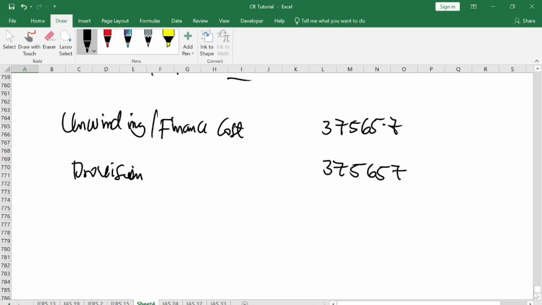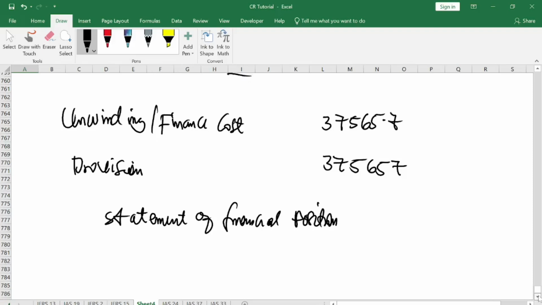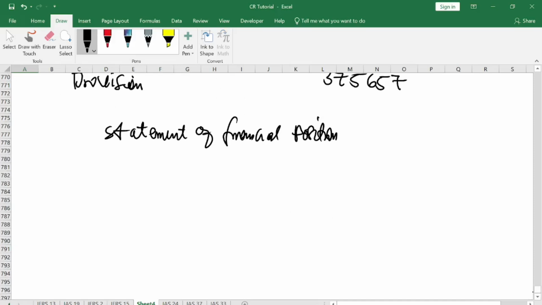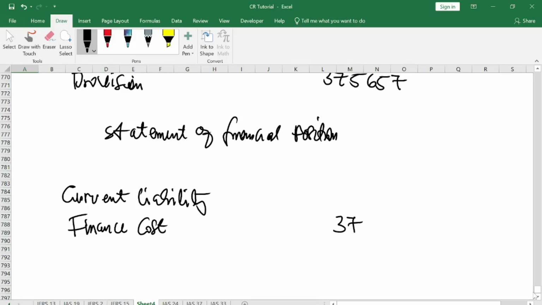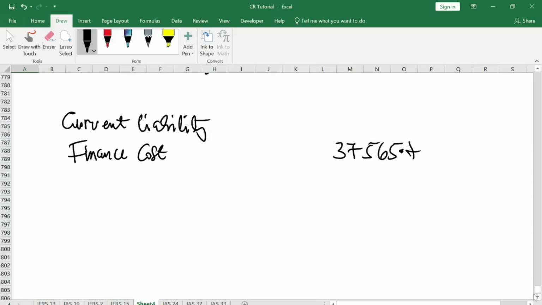Then you can now prepare your statement of financial position. So you have your current liability, where you will have your unwinding or discount, which is 37657. Then you will have your non-current liability.